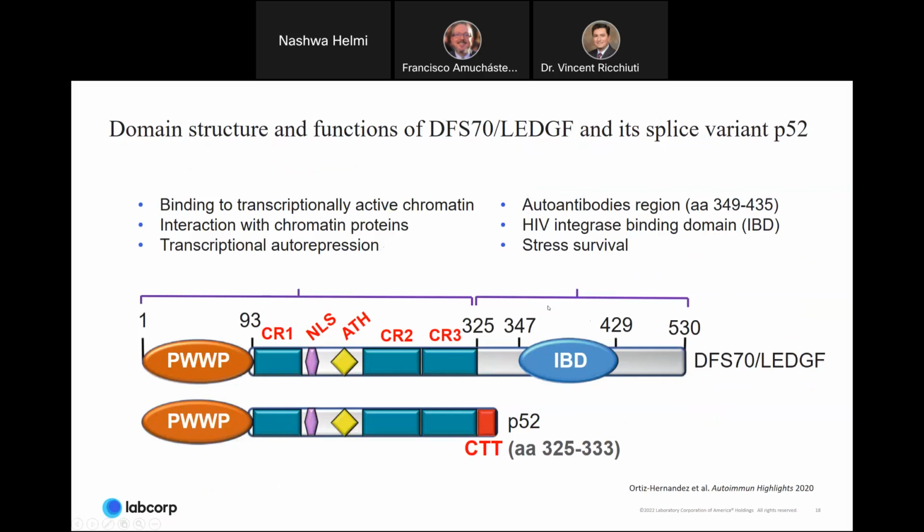On the right side, there's another very important domain called IBD, which is the autoantibody region. So this is what patient autoantibodies will recognize. It also happens to be the HIV integrase binding domain, and the stress survival domain as well.